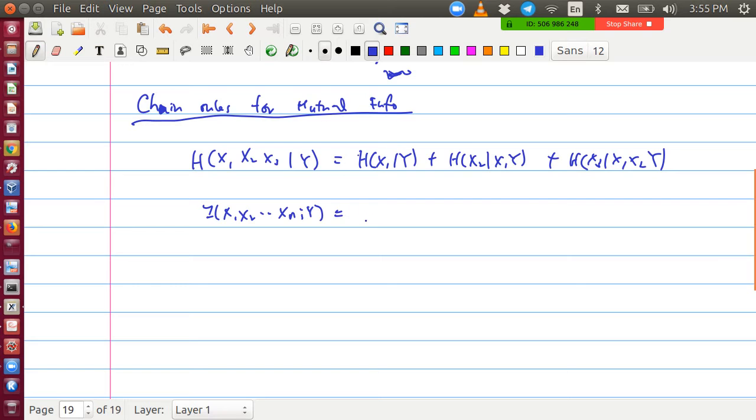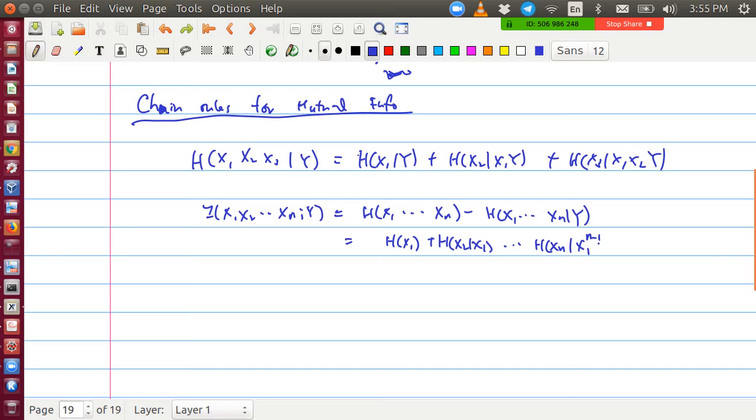Then this one will be H(X1 to Xn) minus H(X1 to Xn given Y), right? Stuff like that. And then here I have the chain rule that I can write as H(X1) plus H(X2 given X1) and so on to H(Xn given X1 to Xn-1).